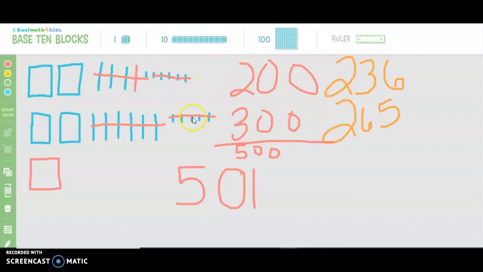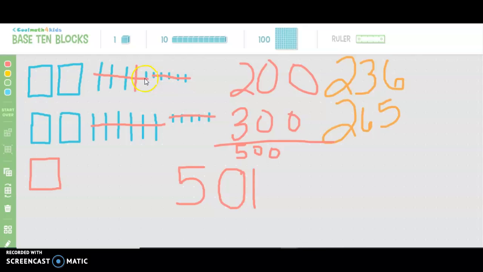But on the larger numbers, you may want to just draw the picture out, and for the rods, you might just want to draw a longer line. And for the ones, you may want to just draw smaller lines so that you can actually get everything on the page. But this is a great way to put those numbers together to make those exchanges when you've got 10 or more in one spot. And you can just mark those out and actually see what the answer is.